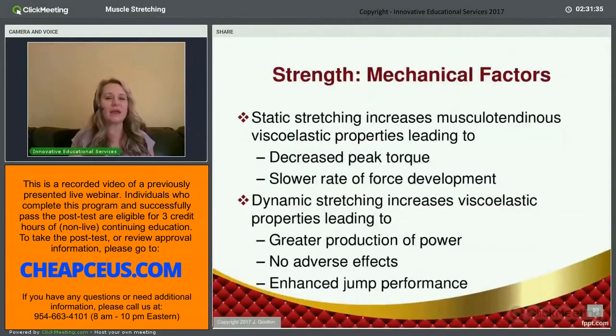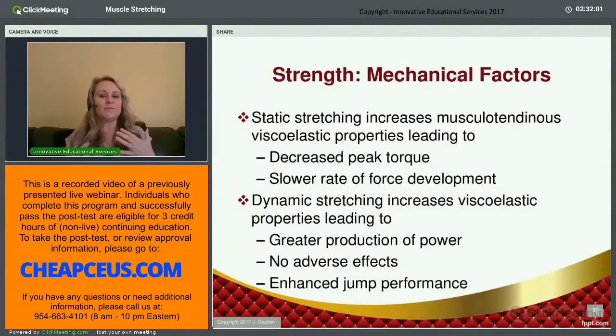When we look at just the mechanical factors of the joint and, well, why does a muscle have decreased ability to generate power right after that static stretch, it goes back to the fact that that musculotendinous unit, once we have stretched it, its ability to generate its force, transmit that through the tendon to the bone, is going to be limited.